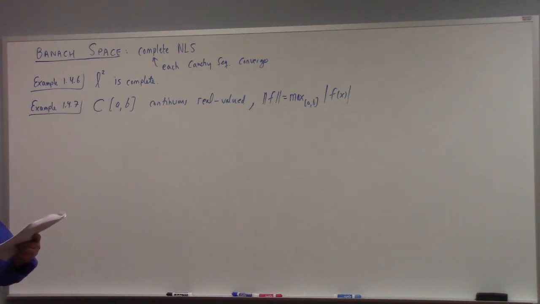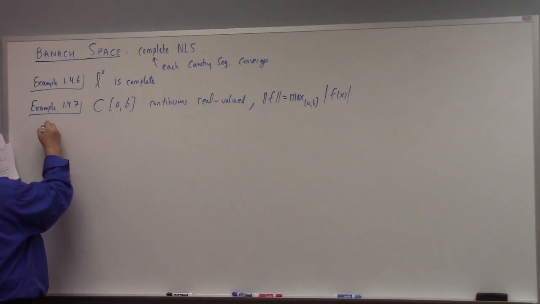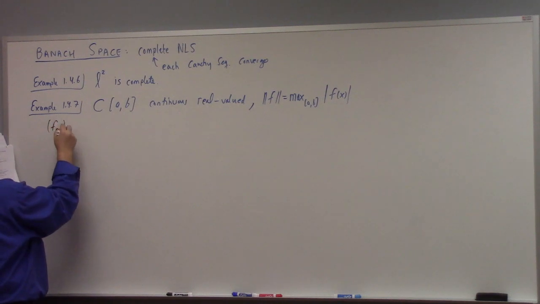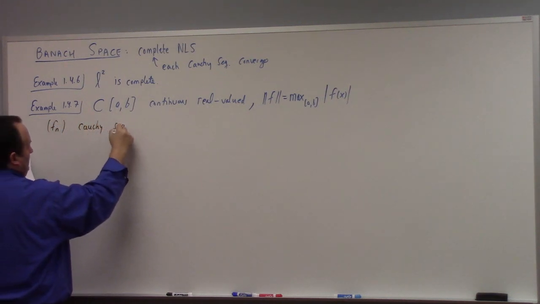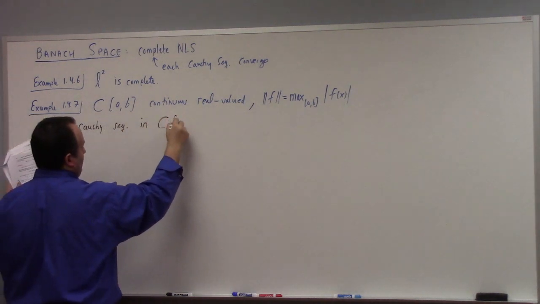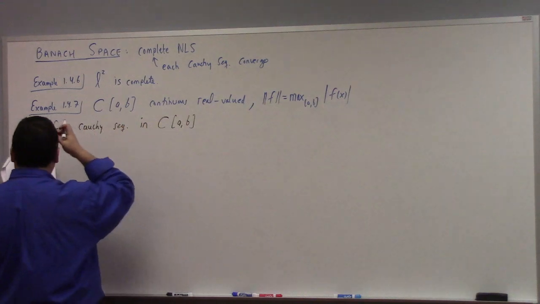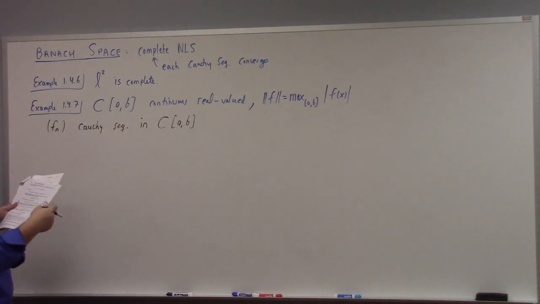So to do that, we need to take a Cauchy sequence, right? So let's consider f_n, a Cauchy sequence in this space, all right? And he says pick epsilon greater than 0.